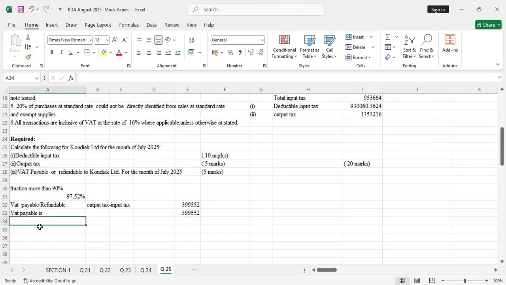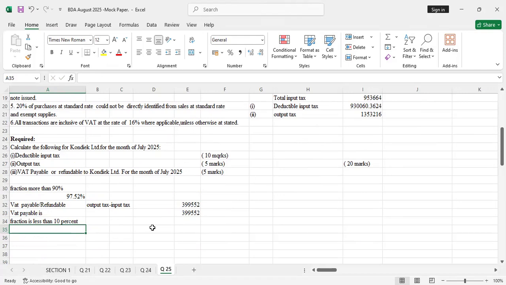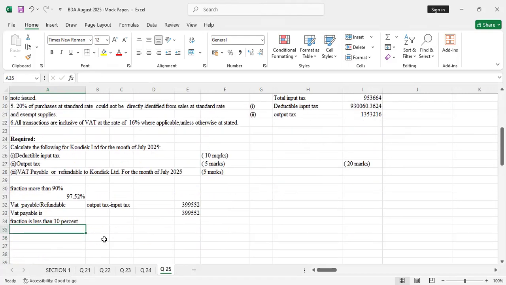But there are instances where the fraction is less than 10%. This fraction is variable supplies divided by total supplies, and when you change it into a percentage, it's less than 10%, so maybe 9.9 or 8 or 1 or 0.1%.